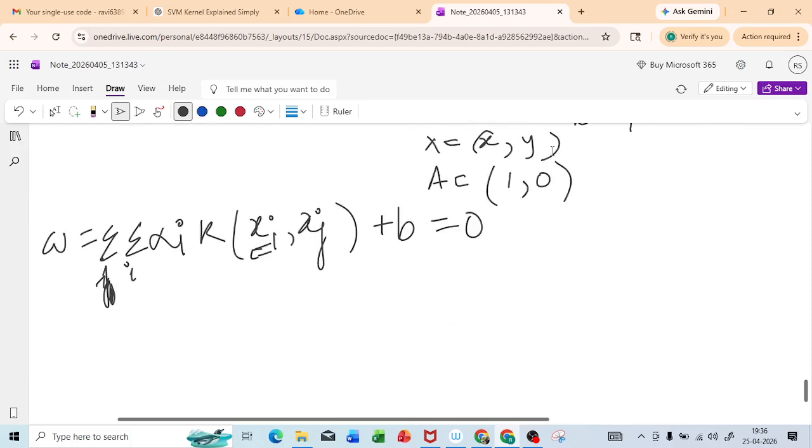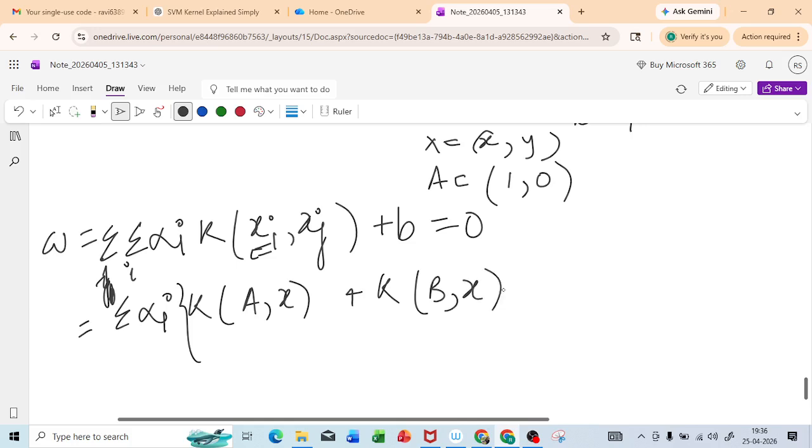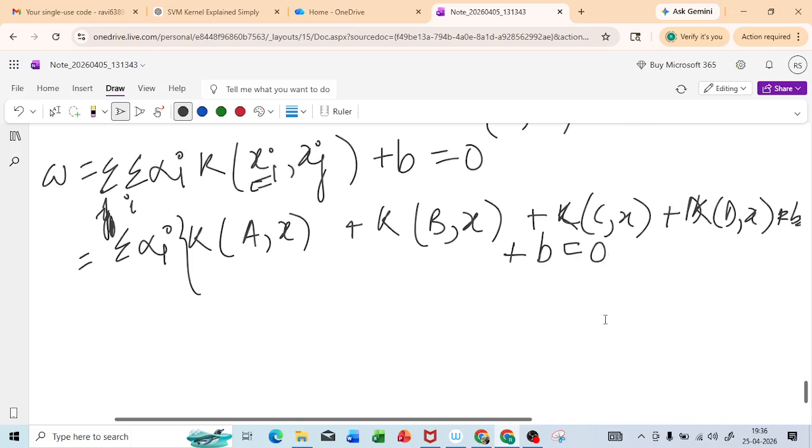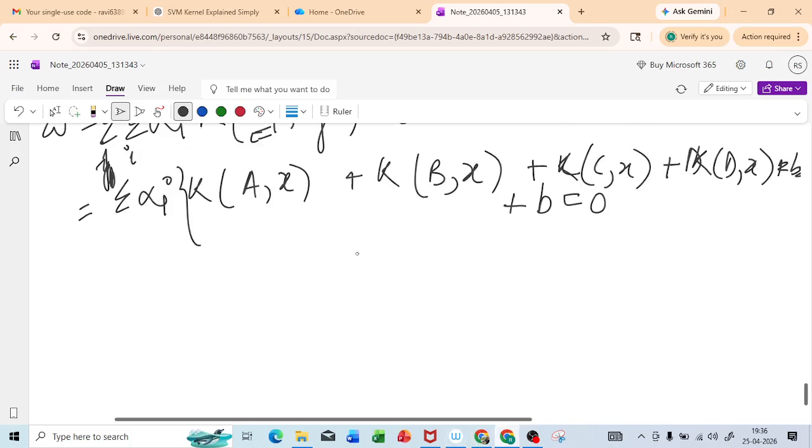So essentially it becomes alpha i into k of ax, then plus k of bx, then kernel of cx, and then kernel of dx, plus b equal to 0. So what is kernel of ax?